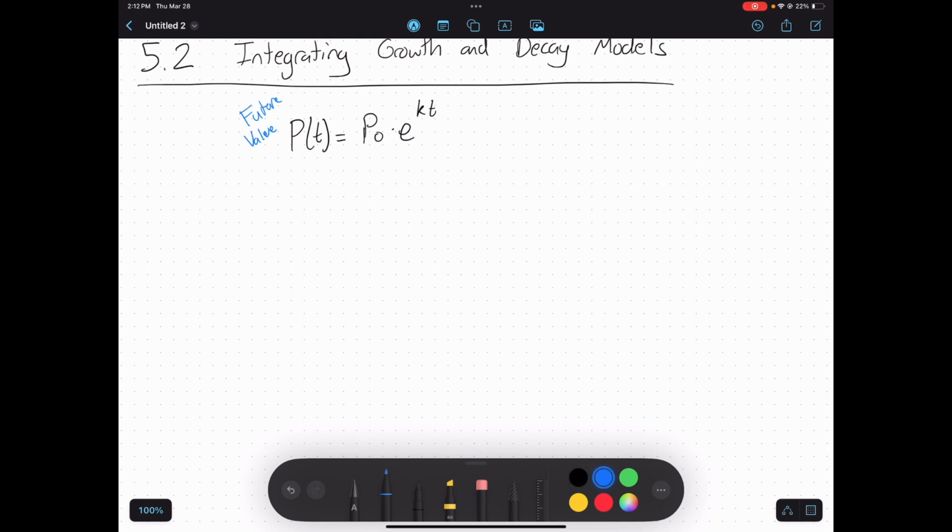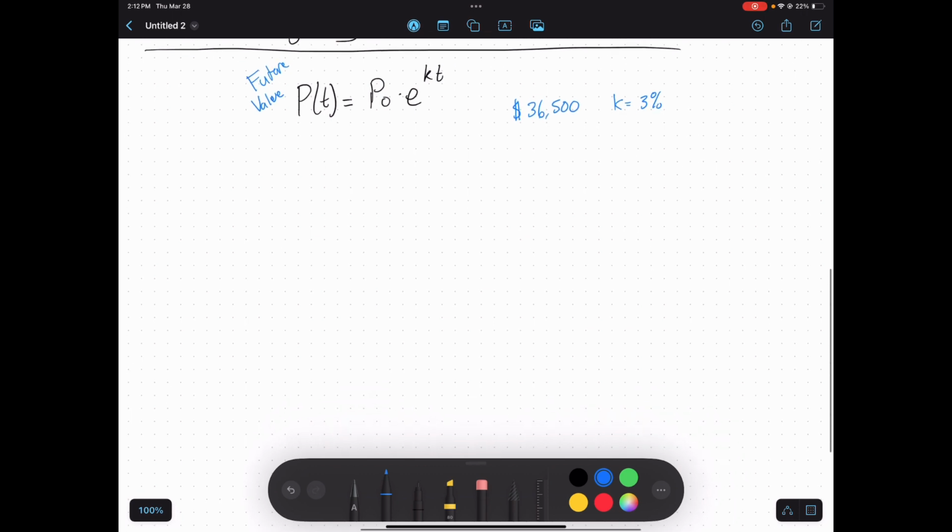So let's say I had a spare $36,500, and I wanted to invest that in a bank that will earn me 3% interest. Well, that's easy enough to set up an equation for, right? That gives me this equation, 36,500 e to the 0.03t.